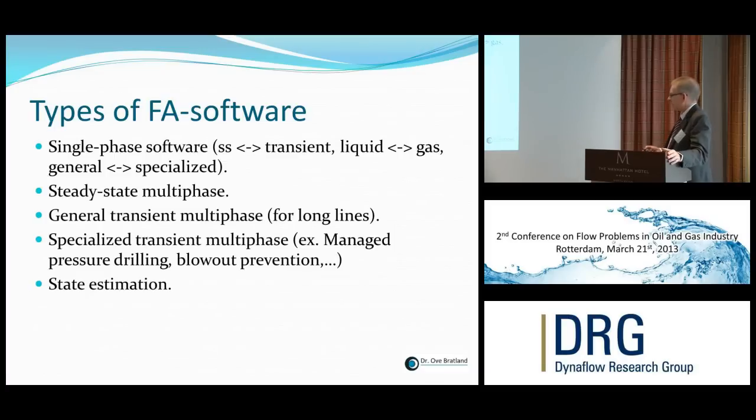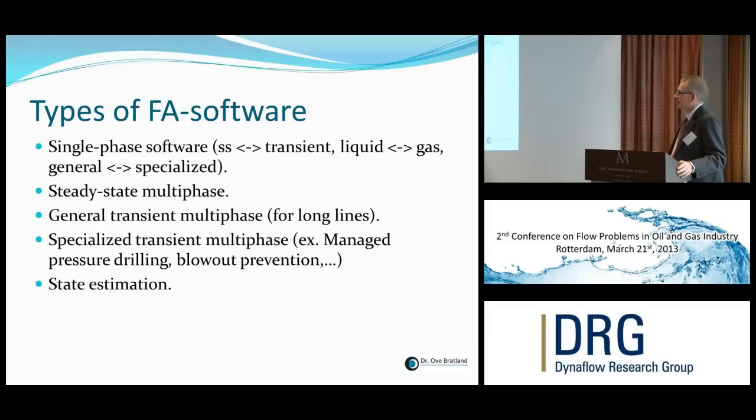The software we use in practice can be single phase, or multi-phase. It can be steady state or transient. It can be for liquid or gas if it is single phase. And it can be general software, or it can be specialized. For instance, some specialize on gas networks, and there are certain niches there.